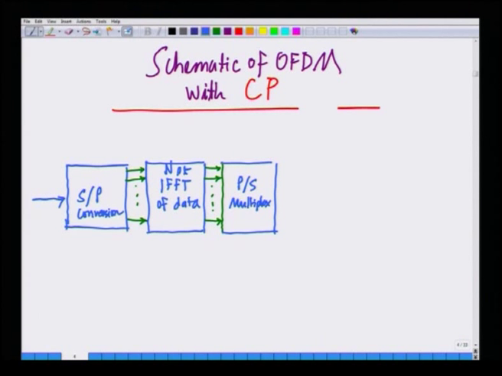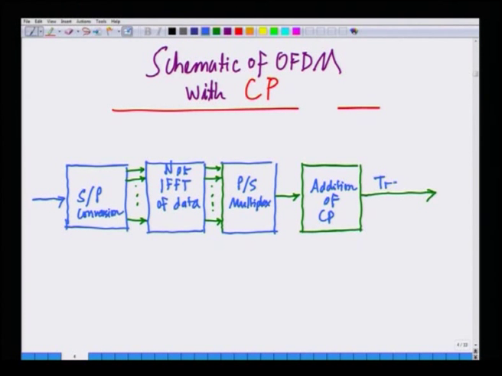Following this is the key operation, which is the new aspect, which is essentially I am going to add the cyclic prefix. This is previous to transmission on the channel. So, this is addition of CP, and then I am going to transmit over the channel.